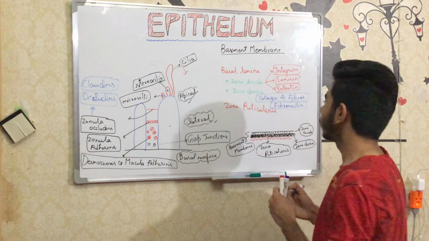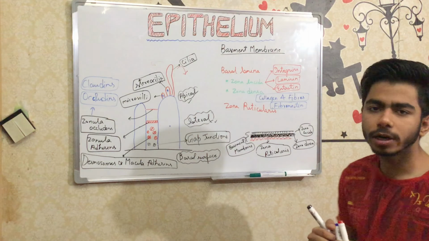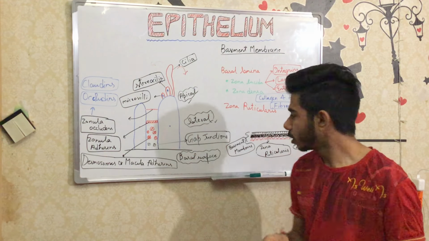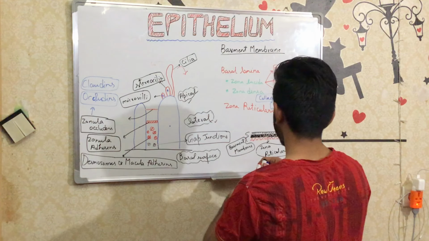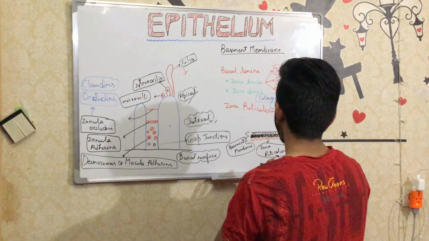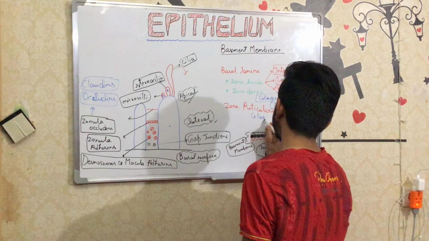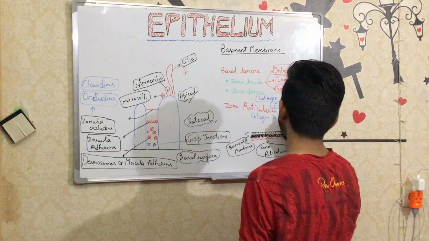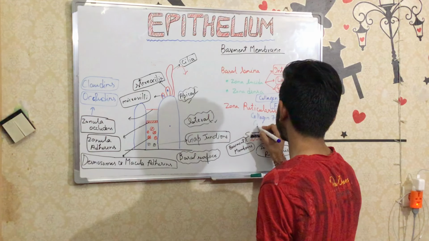Okay, now what structures are present in the zona reticularis? In the zona reticularis, there are two kinds of fibers present. These fibers are collagen 7 fibers and collagen 3 fibers.